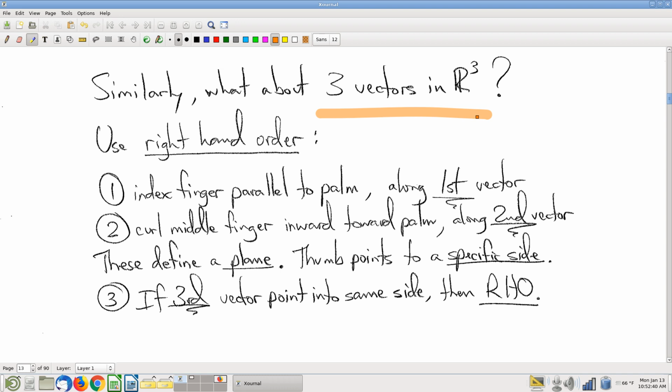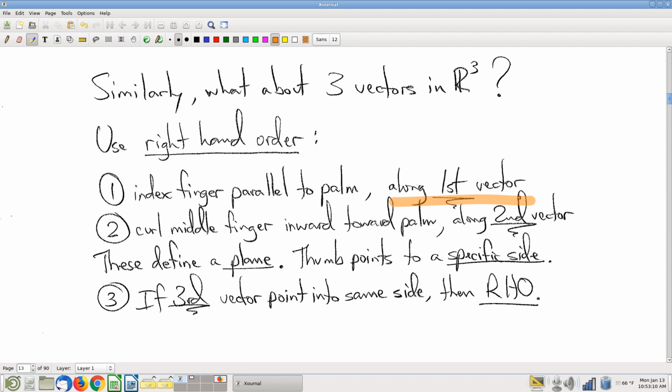It's a big surprise: it's going to be a geometric conversation, so I'll be doing a certain amount of hand waving, pretty literally. We're going to use the human right hand. This is arbitrary. The person who came up with this idea must have been right-handed. But here's the idea. Whichever is the first vector, point the index finger of your right hand in the direction of that first vector, whichever one you're calling first in your order.